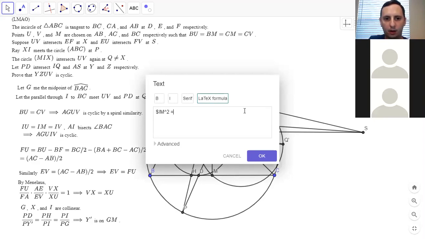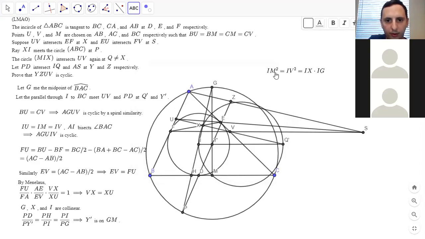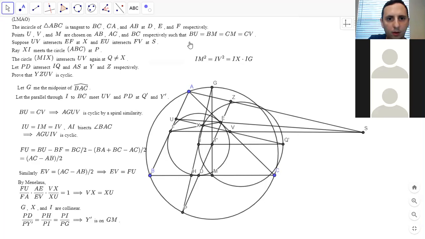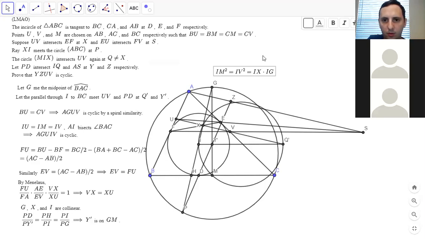IM squared is IV squared, which is IX times IG, which is IY prime times IQ prime. GeoGebra is just slow.